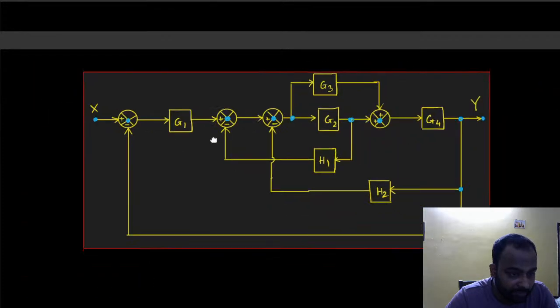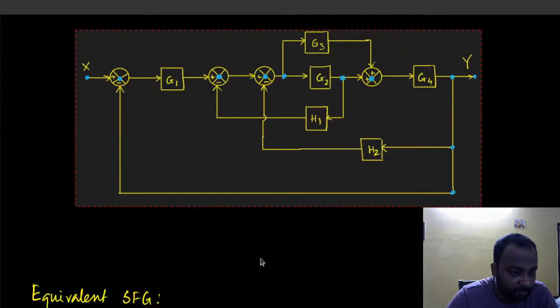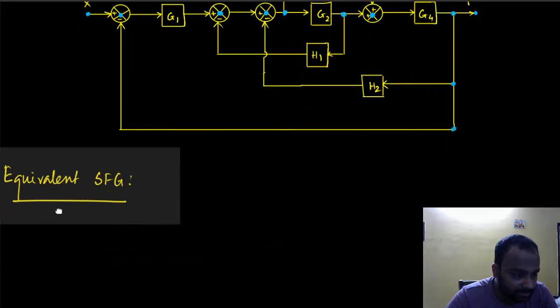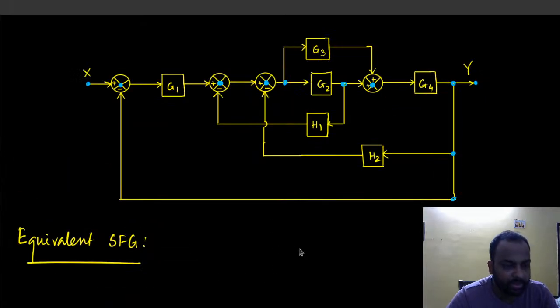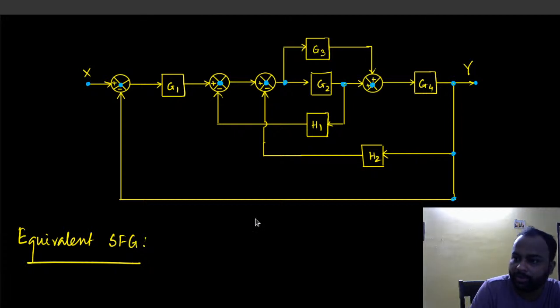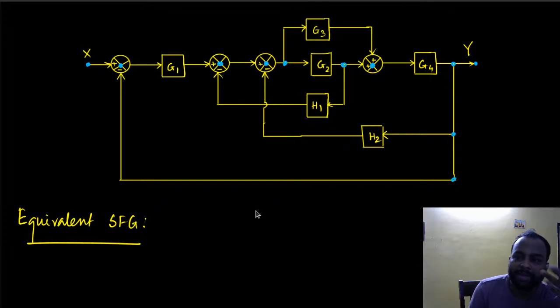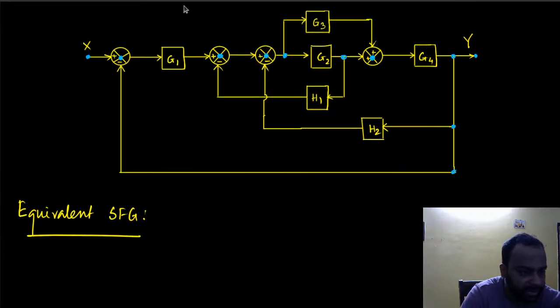Because if you make a small mistake, you would have to pay a heavy price. All right, so I think you can still see it, right? Yes, you can mix and match signal flow graph and block diagram reduction, but I wouldn't suggest that. And someone is asking, oh no, fine, it's fine, right?